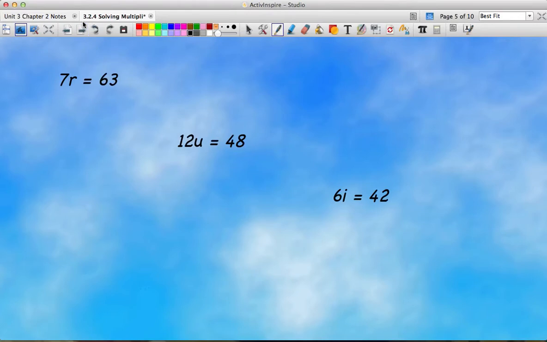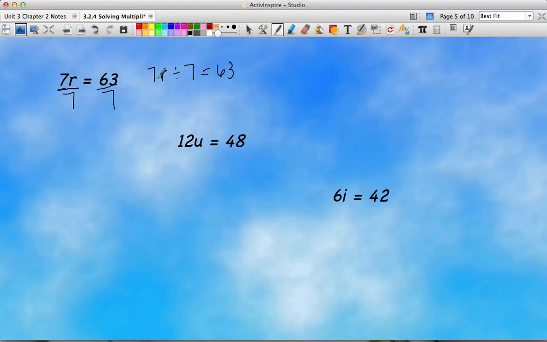Alright, so let's try this on a couple of problems. Here I have 7 times r is equal to 63. To undo the multiplication, I'm going to divide, and I like to show it this way because it's a little bit neater and faster for me. You can show that what you do to one side, you do to the other. You can do 7r and then put divided by 7 equals 63.